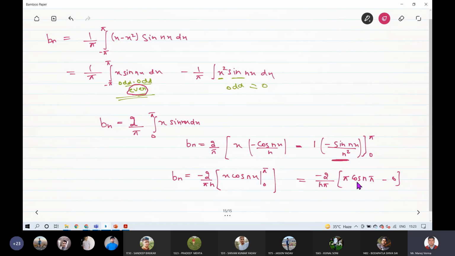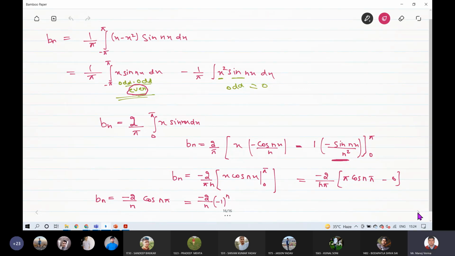Okay, it will be pi cos n pi minus 0, and this pi over pi will cancel with each other, and the value of Bn will become minus 2 over n cos n pi, and cos n pi is minus 1 raised to the power n, so minus 2 over n, minus 1 raised to the power n.